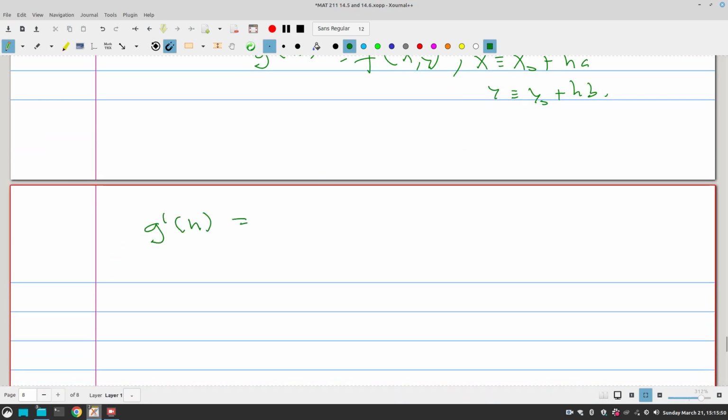This is dg over dh. The prime notation is only valid when we are dealing with functions of a single variable, and g is essentially a function of a single variable.